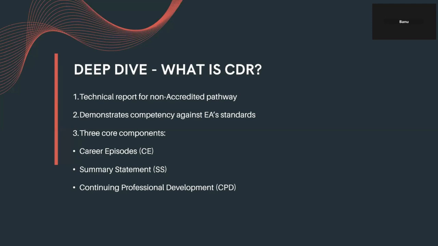It includes 3 main components, which, as I explained before, are career episodes, specific projects from your engineering experiences; a summary statement, which shows how your episodes demonstrate Engineers Australia's 16 competencies, which I will show you an example of; and the CPD statement showing how you maintain your professional skills through learning and development activities, which I will show all of them as an example for you.